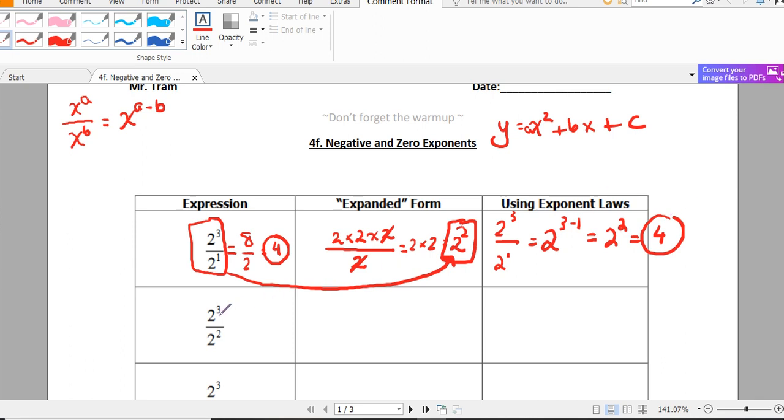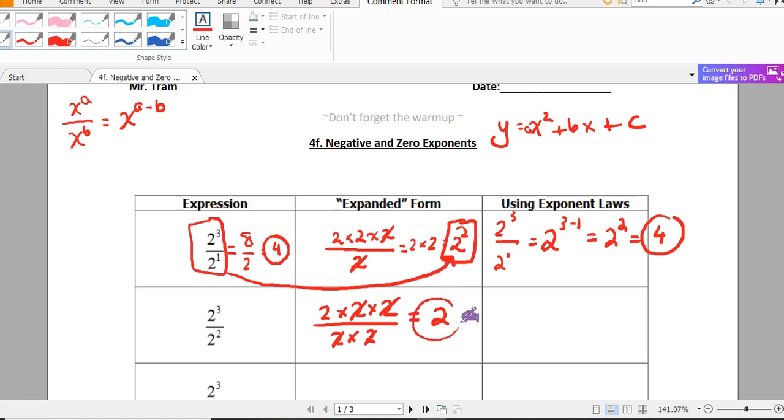Okay, so let's try the second example. Same thing. So in expanded form, this is 2 times 2 times 2, 3 times in the numerator. And in the denominator, it's 2 times 2. Okay, so since I have two sets there, I can cancel that 2 with that 2, that 2 with that 2. Well, what am I left with? Just a single 2.